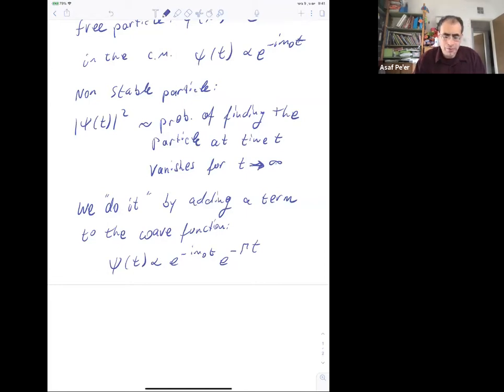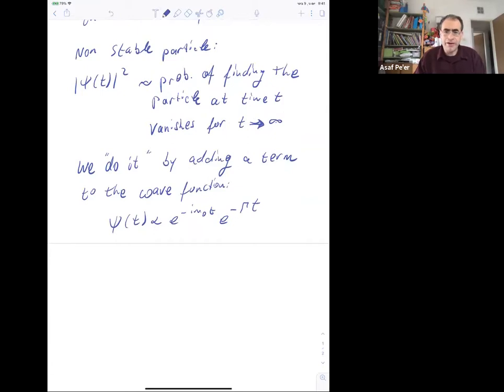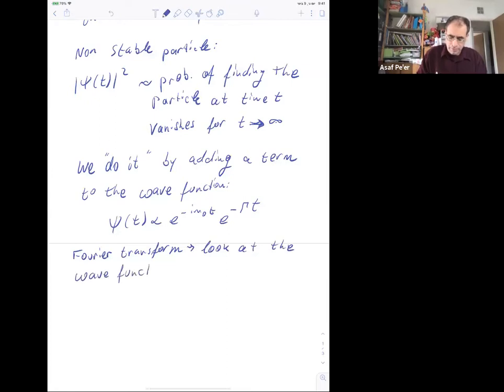Because how it works, we just apply a Fourier transform and we look at the wave function in the energy domain.